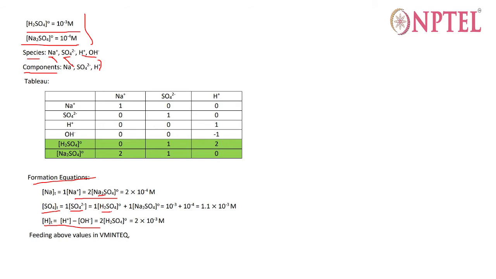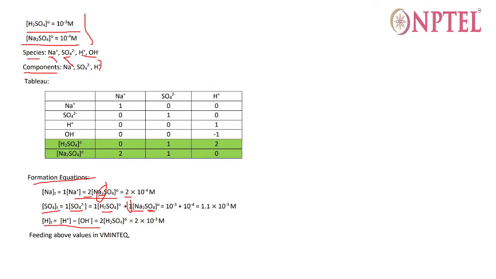Now I have to think about the source. The source is H2SO4, so I'll get 1 multiplied by H2SO4, and from 1 Na2SO4 I am getting only 1 SO4 2 minus. That's why here it is 1, and for Na we are getting 2, so I wrote 2 and multiplied with 2.